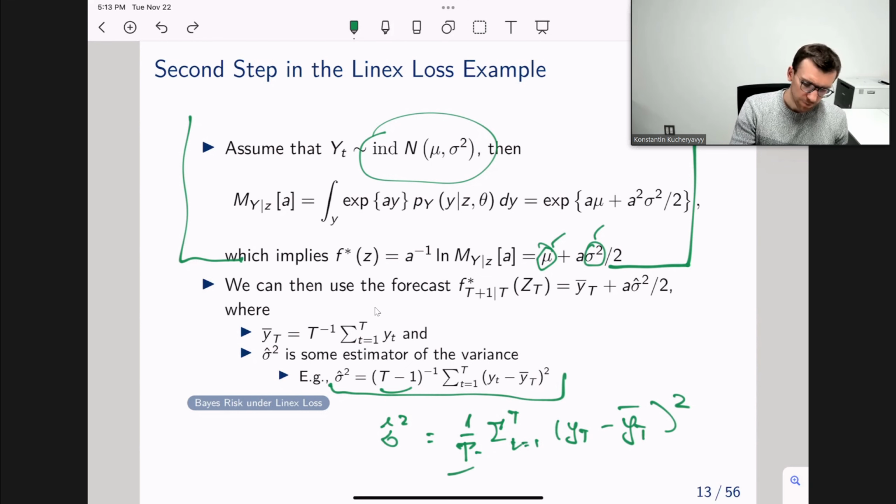The thing is that given your sample of y's, the estimate that gives the minimization of quadratic loss is this.